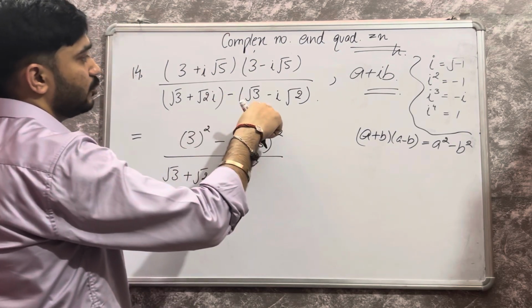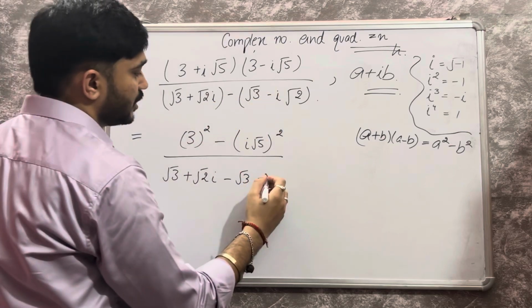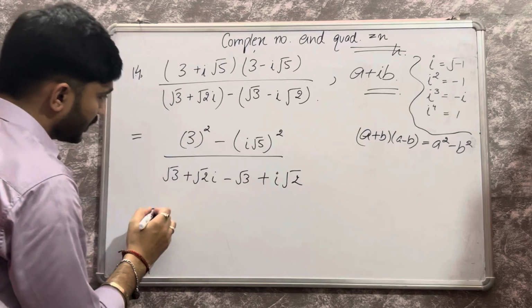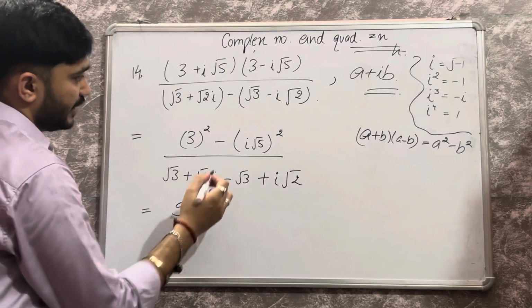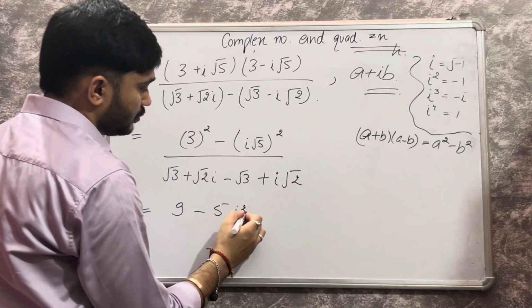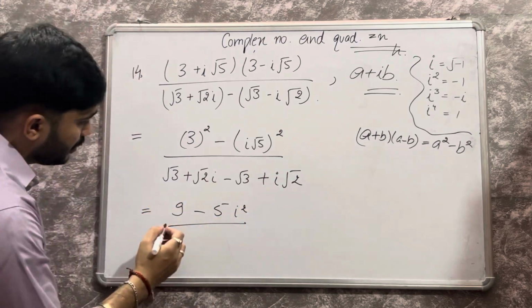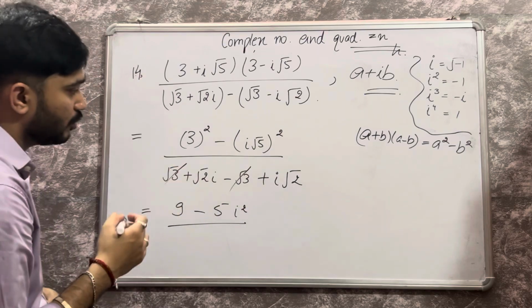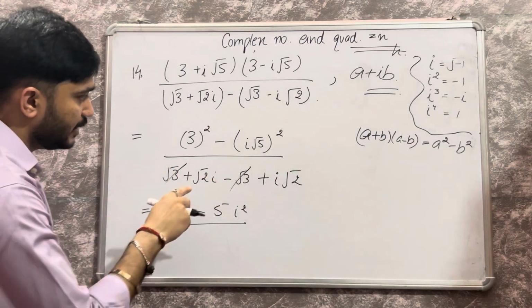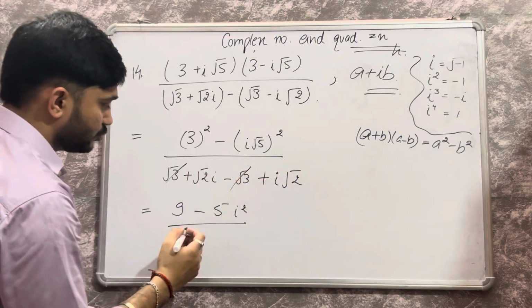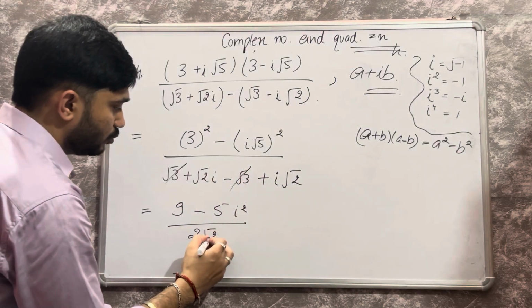Take this minus into the bracket, minus minus will become plus iota under root 2. 3 square is 9 minus under root 5 square is 5 iota square, divided by under root 3 and under root 3 got cancelled out because of opposite sign, and 2 iota and iota under root 2 are same, so we are going to write it as 2 under root 2 iota.